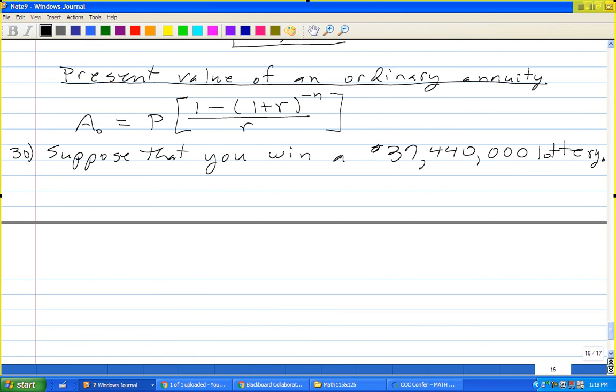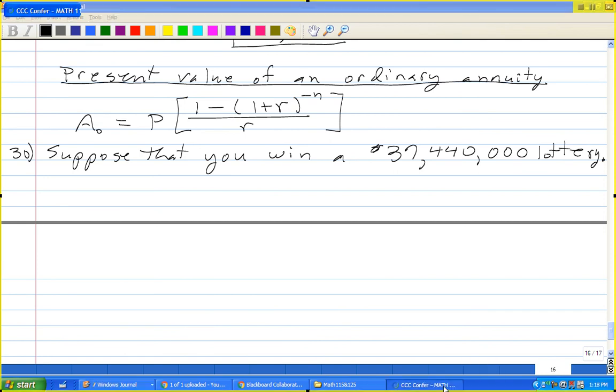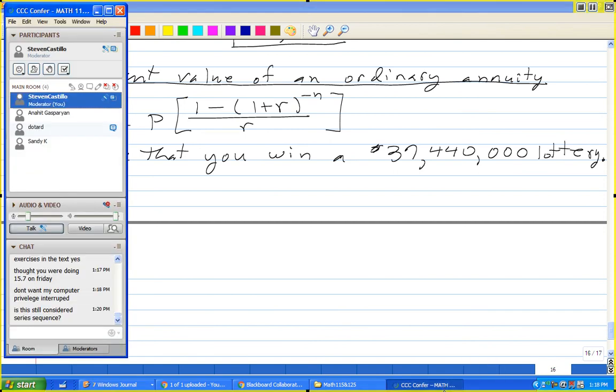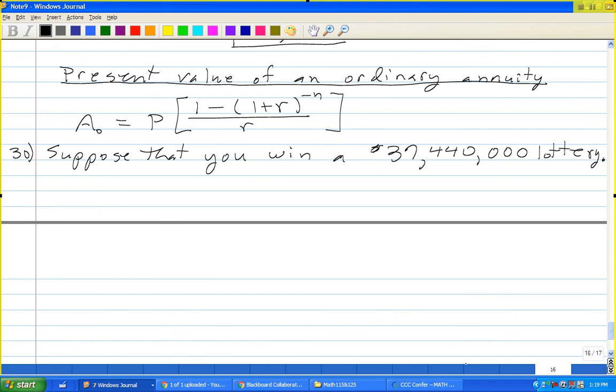That lump sum is really the present value. This is still a geometric series. So problem 30, lottery.